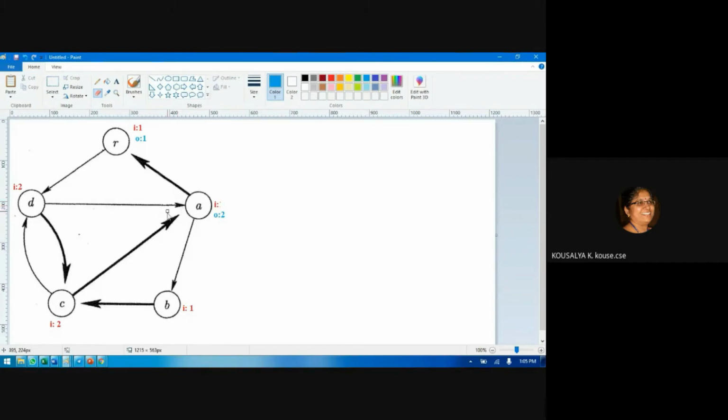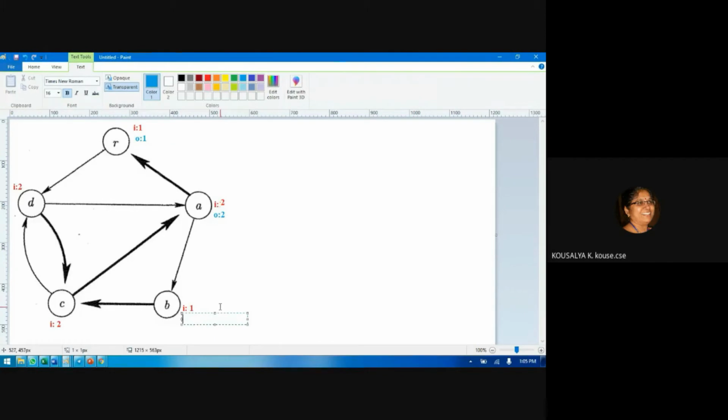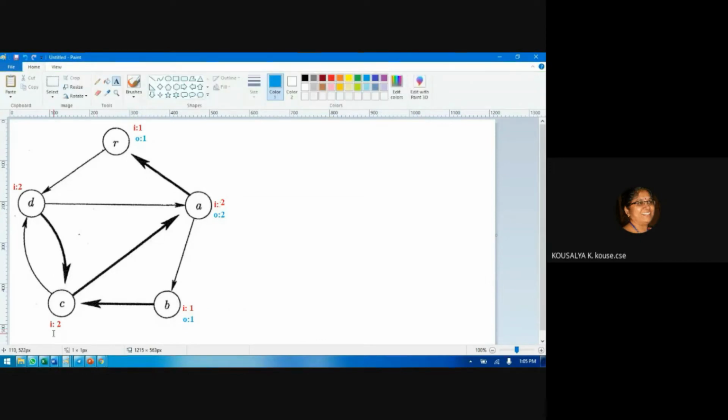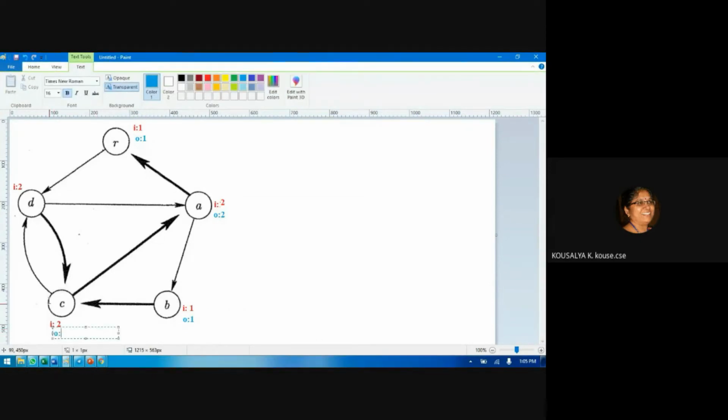The out degree of this one is 2, because there are 2 outgoing edges. So here it is 1, and here it is 1.